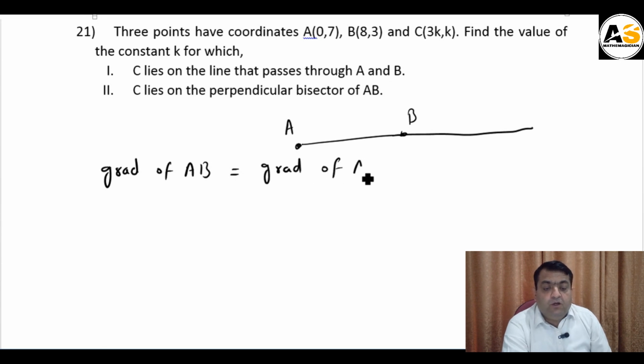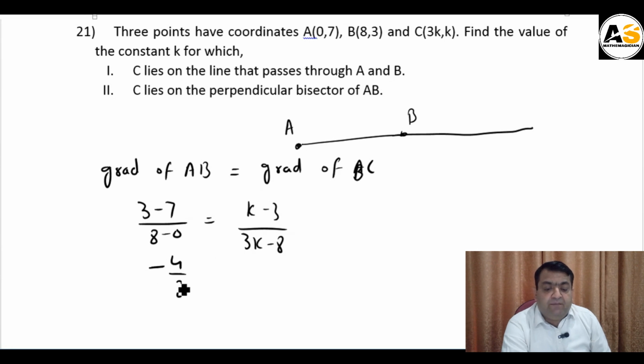What we will do? Gradient of AB, 3 minus 7 over 8 minus 0, is equal to gradient of AC, or you can also write BC, k minus 3 over 3k minus 8. Minus 4 over 8 is equal to k minus 3 over 3k minus 8.